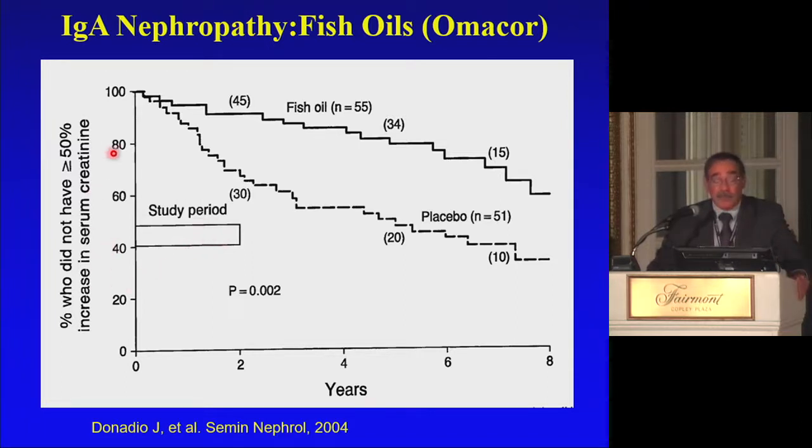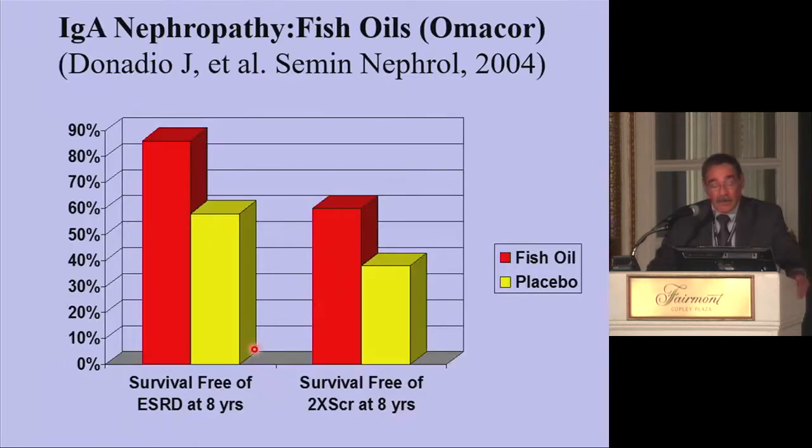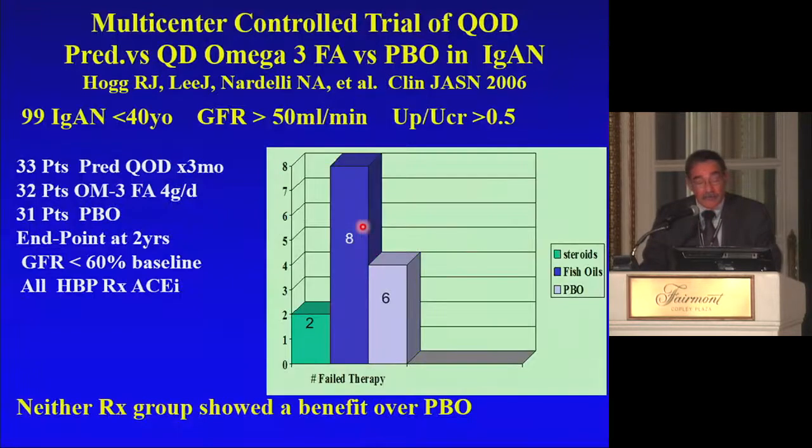When he looked at the percentage who did not have a 50% increase in serum creatinine, the fish oil group did better than the placebo group over time. When he looked at survival free of end-stage renal disease, the fish oil group did better. Survival free of doubling the creatinine, the fish oil group did better than placebo. So that's a strongly positive study.